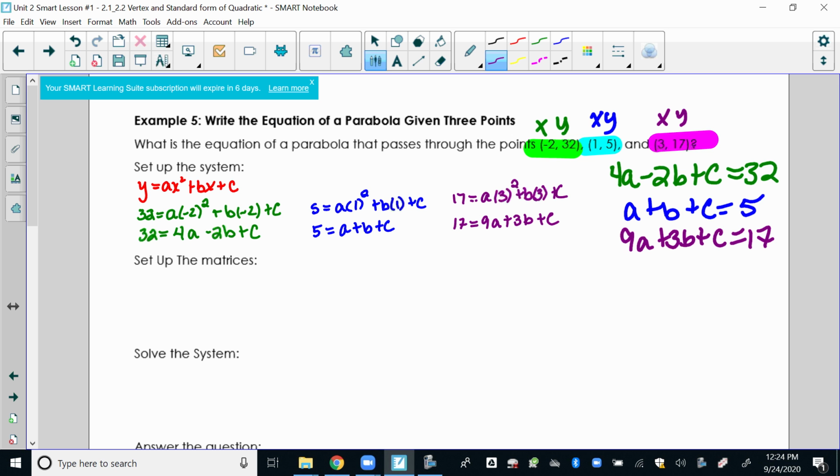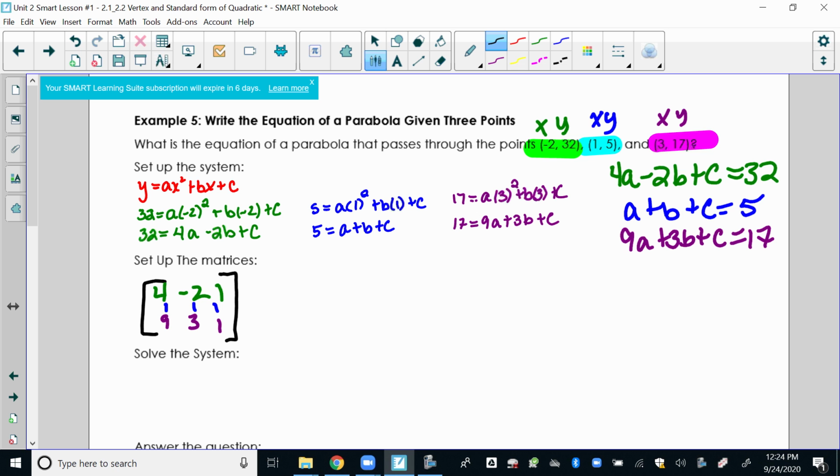So let's set up our matrices. We have our coefficient matrix, which is 4, -2, 1, 1, 1, 1, 9, 3, 1. And again, we get those from the coefficients of a, b, and c from our 3 equations.